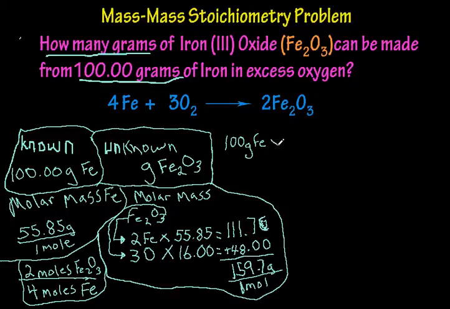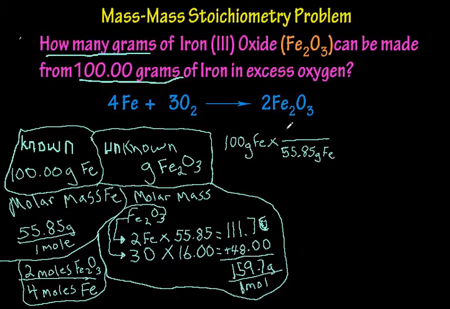I'm going to take times, fraction, and what am I going to put in the bottom? Something with grams of iron. Right here, 55.85 grams of iron is always what?